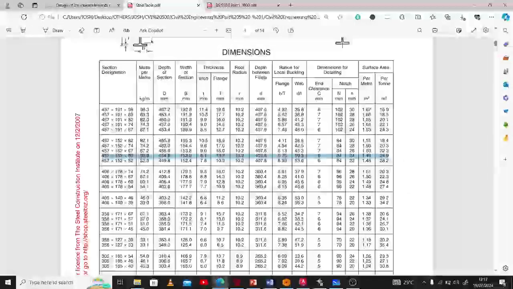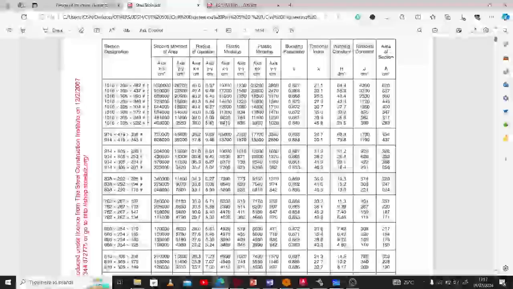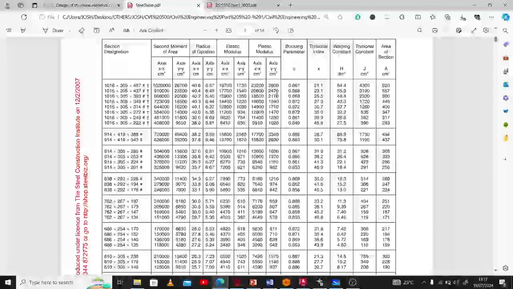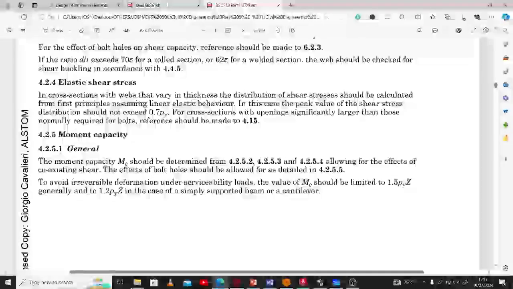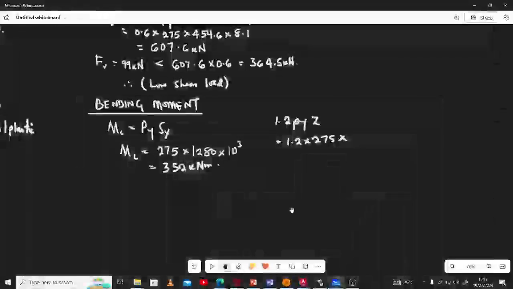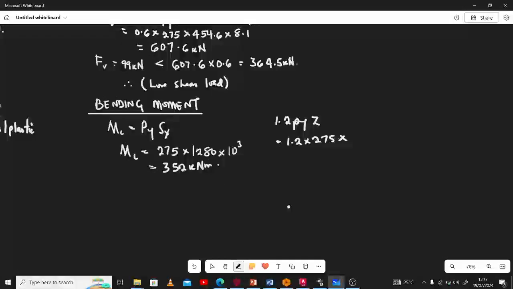So the 457, let's go to the properties. And that's going to be 1060 centimeter cube.